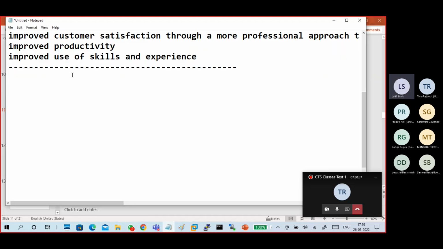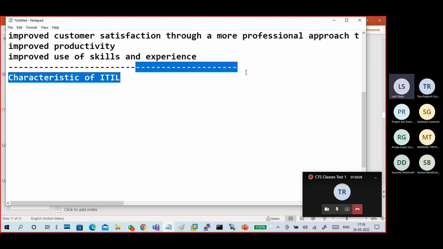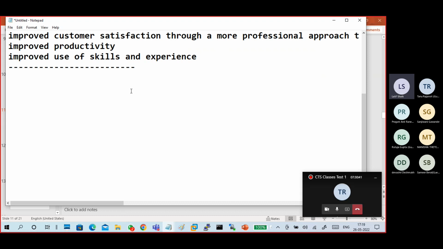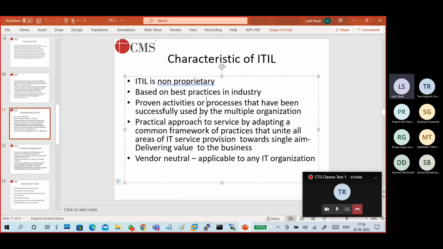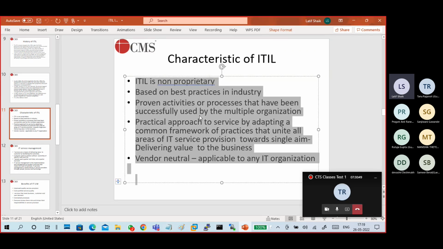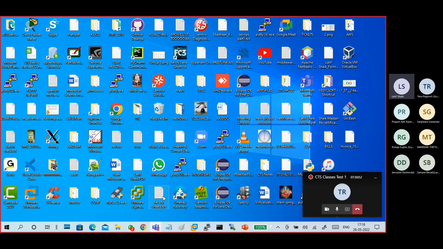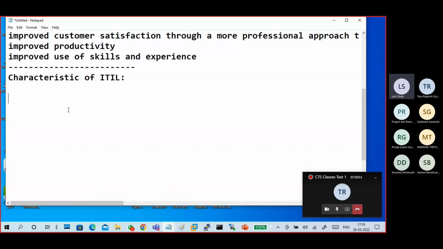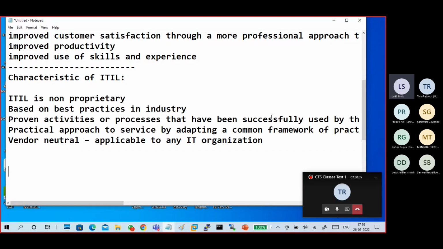Of course, you can skip the characteristics of ITIL. Sorry. Skipping means that it is not a main point. If you don't read it, but understand three or four points, that is enough. You don't need to concentrate on answering everything or learning and remembering it. Not required. So understand what the ITIL characteristics are.